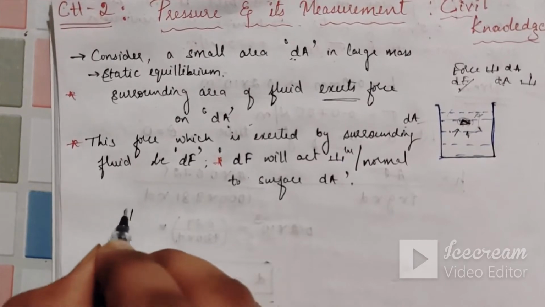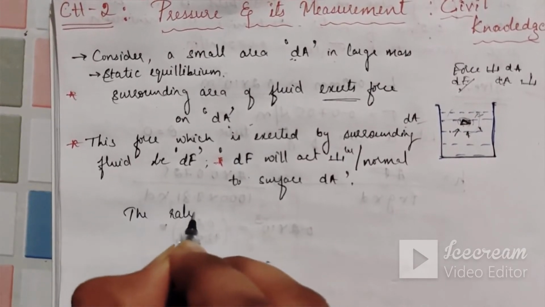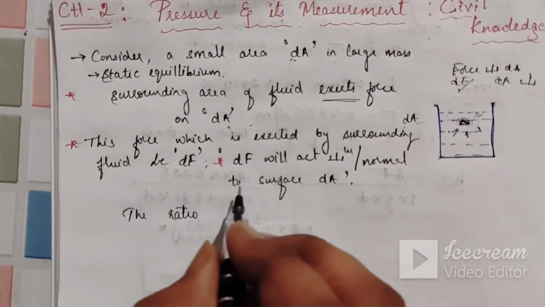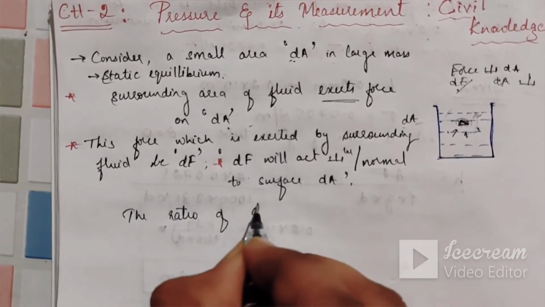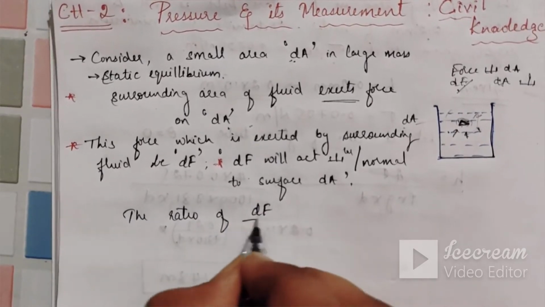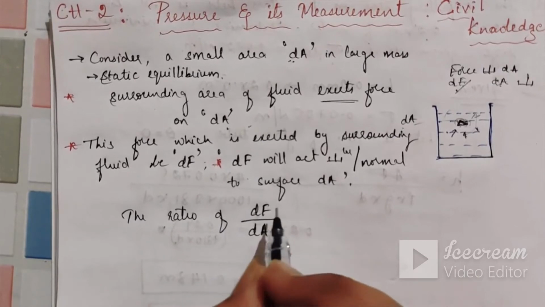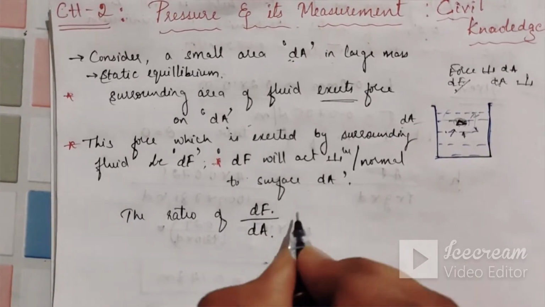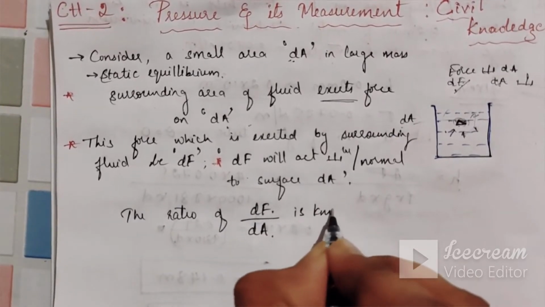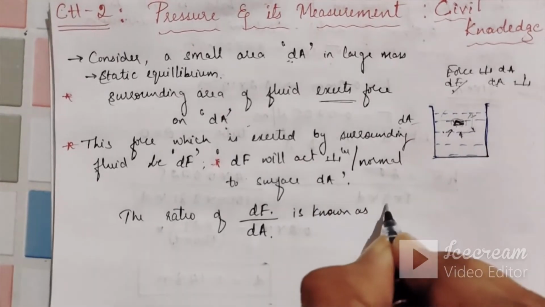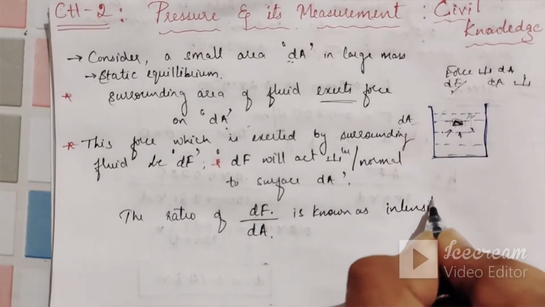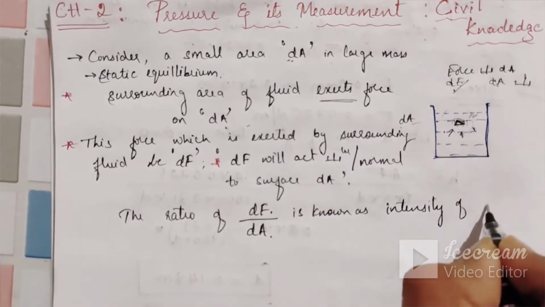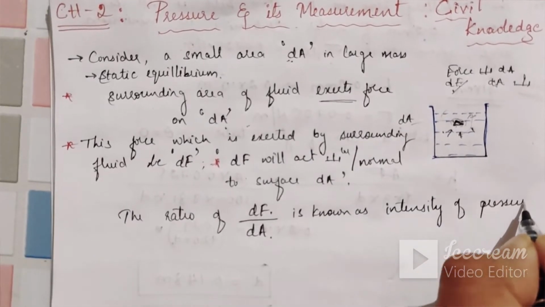Now in this situation, the ratio of this force dF divided by dA, force by area, is known as intensity of pressure.